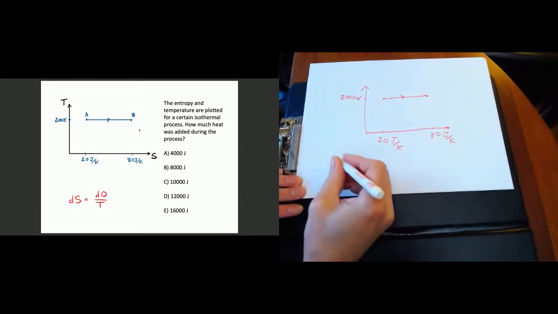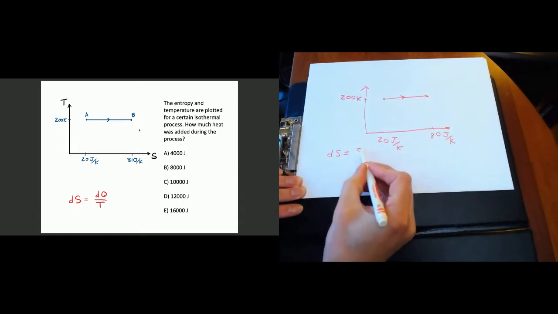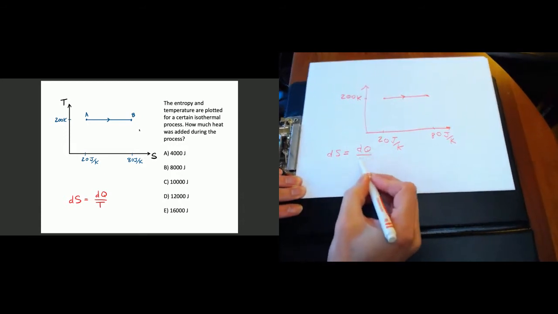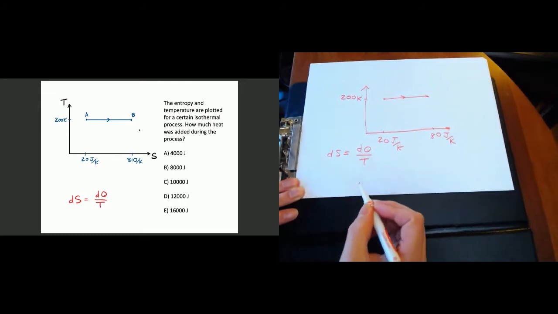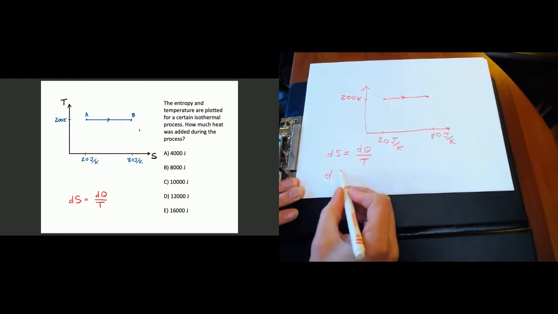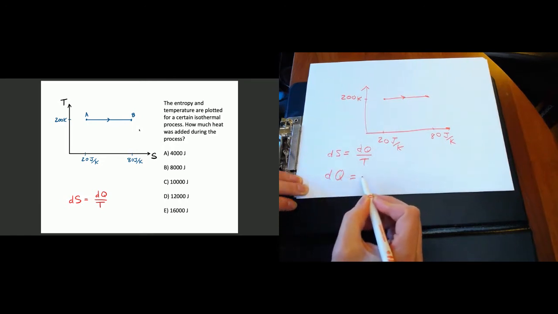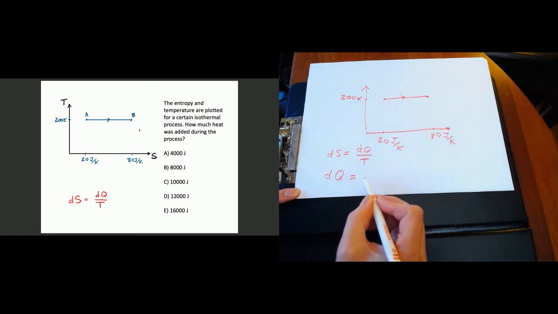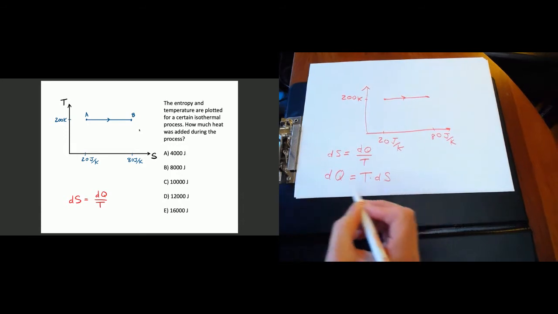So what we're going to do is start with the basic result that the heat and the change in entropy are related to each other. If we rearrange this a little bit, because we're interested in calculating heat, then the change in the amount of heat for any part of any process is equal to the temperature times the change in the entropy.